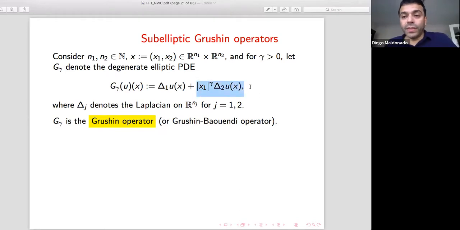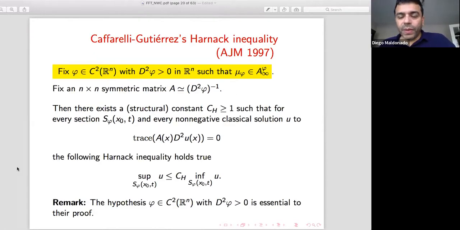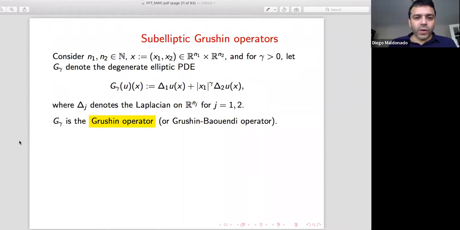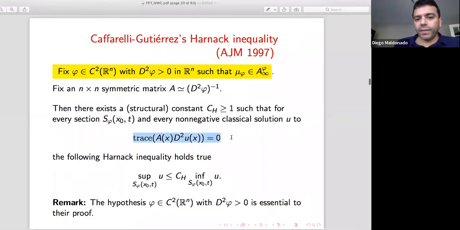The operator, that's not there. So this is a well-known operator. It's a degenerate elliptic operator. And I will try to make the argument now that this could be dealt with by the Caffarelli-Gutierrez theorem, but there is one small obstacle. All right, so we have that. Let's see. So I want to write this as something like that.